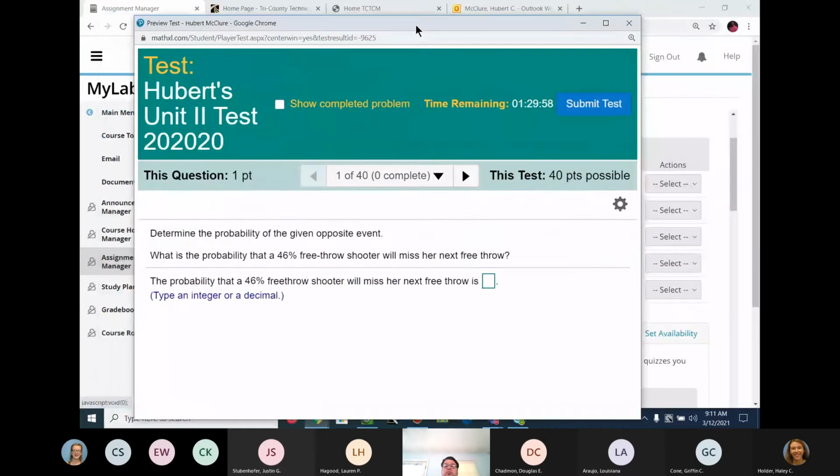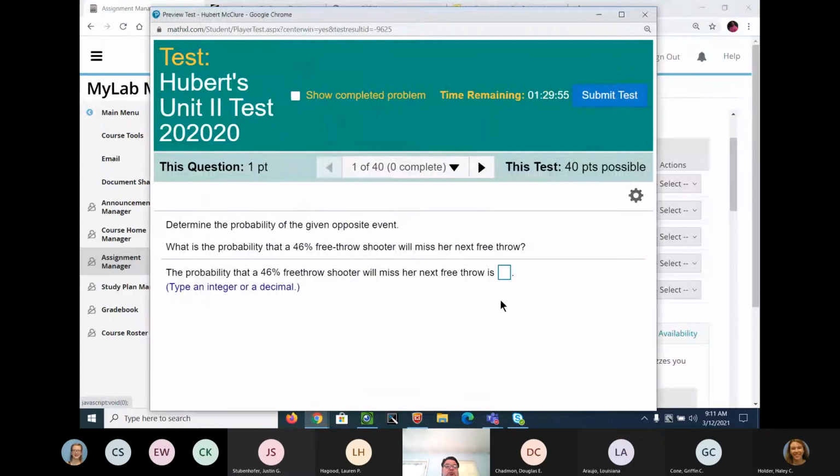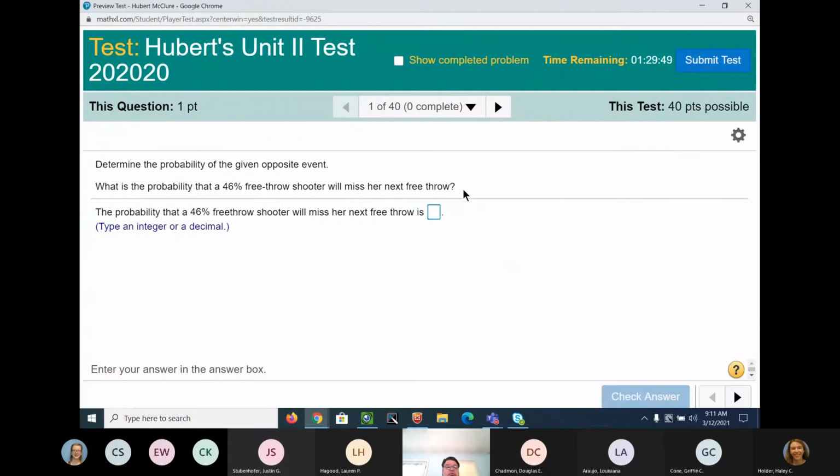And as we can see, there is a question about determine the probability of the given opposite event. Opposite event means a complement. So what is the probability that a 46% free throw shooter will miss her next free throw?